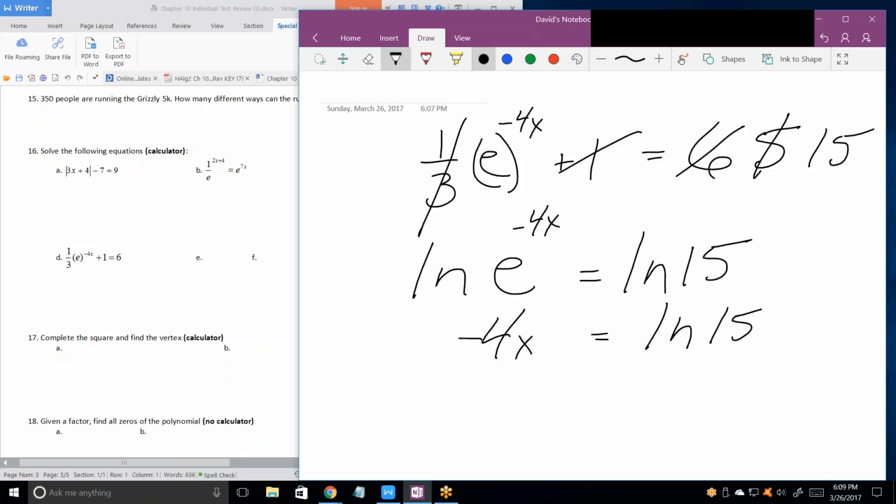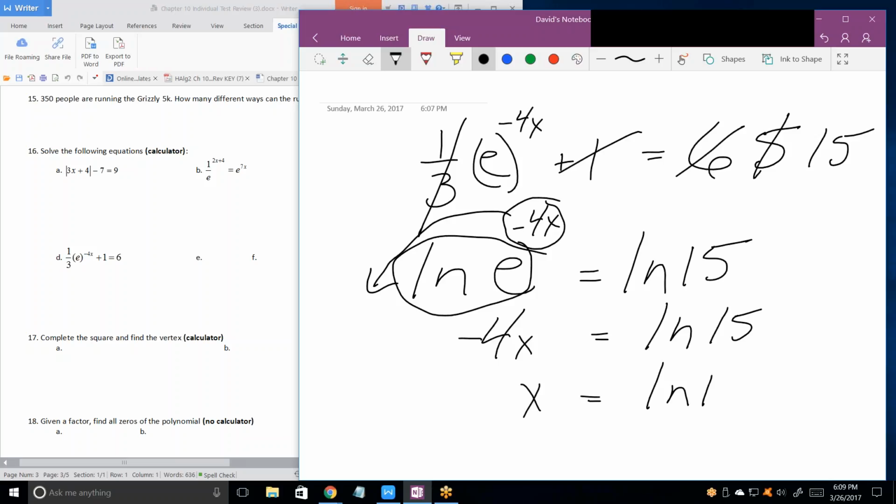In other words, we've taken the exponent, we moved it down, and then that's 1. So the left side turns into minus 4x. As opposed to if we'd have taken a log other than natural log, we would have still have log on both sides. So this simplifies it a little bit, okay, by using natural log.